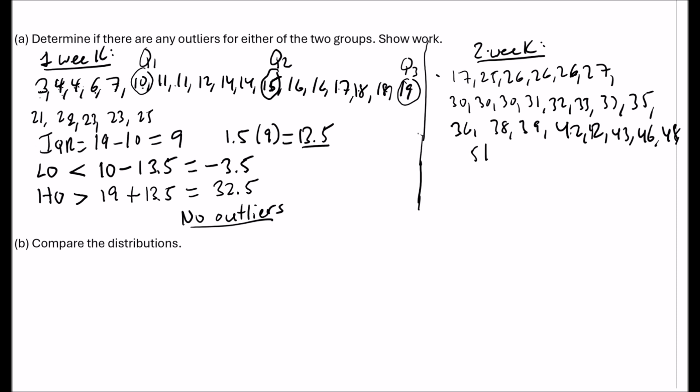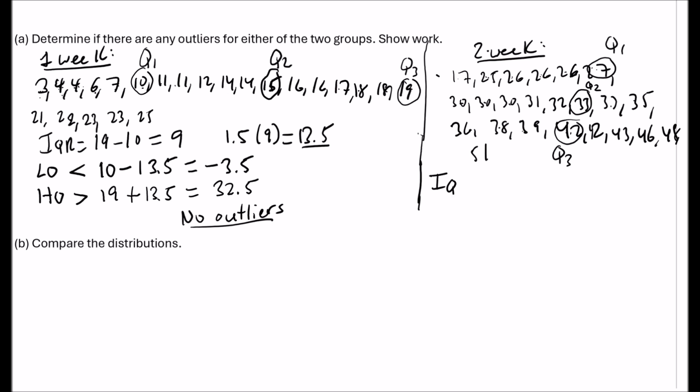Now we're going to check the 2 week part. So again, doing the same thing that we did earlier. So look at the 12th number. 12. So this is the 2nd quartile. Then look at the 6th number of each. 1, 2, 3, 4, 5, 6. This is the 1st quartile. 6. This is the 3rd quartile.